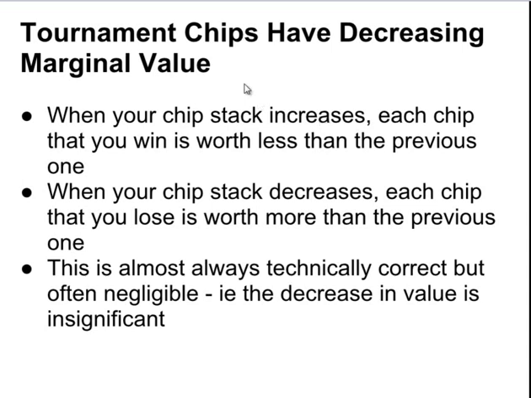Those are your marginal chips, the margin that you're adding on to your stack. Similarly, when your stack decreases, the margin is those few chips that you're losing. So when your chip stack decreases, each chip that you lose is going to be worth more than the previous one.